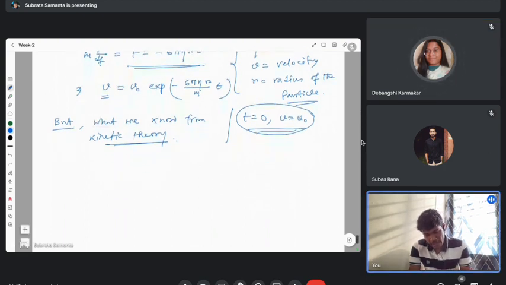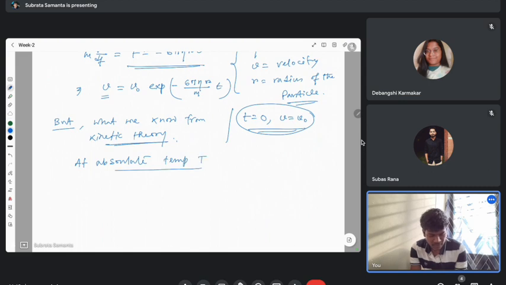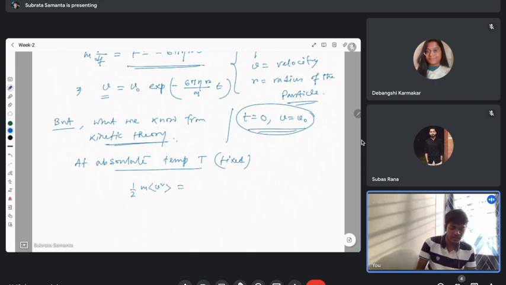Okay, so in Maxwell's kinetic theory, we can calculate the mean value of the instantaneous velocity which a particle may have at absolute temperature T. So at absolute temperature T, the instantaneous velocity, this means half m v square, averaged. What does kinetic theory tell us this value is?